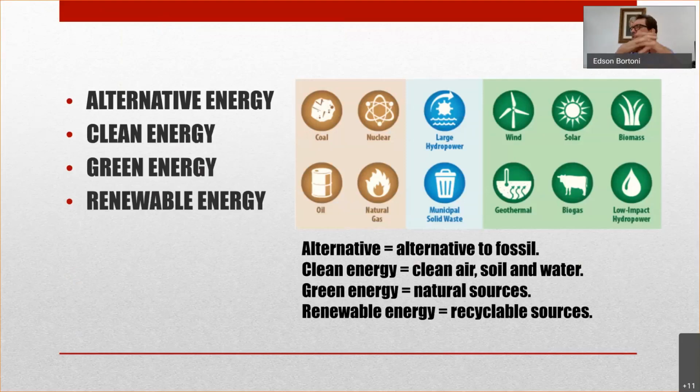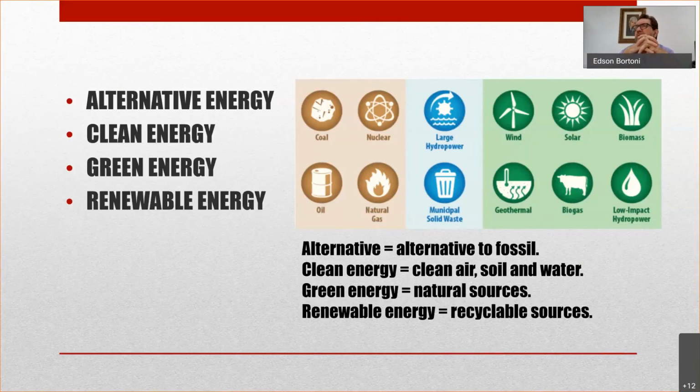Just here in the introduction, I would like to understand well what is alternative energy, clean energy, green energy, and renewable energy. Those are terms we often read and listen about renewable generation.